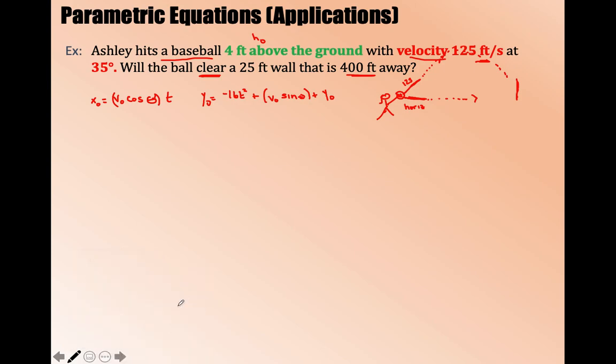So the x component. I didn't mean to put a 0 there on either one of these. Sorry about that. The x component, I've got the velocity, right? My initial velocity is 125.